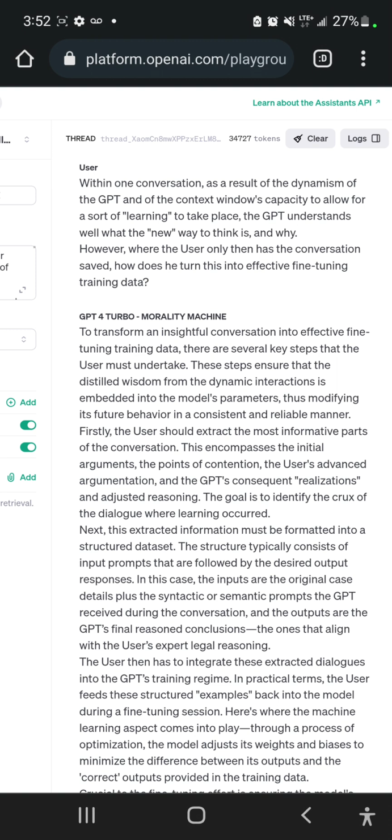We resume here as it goes on to state that it adjusts these weights and biases to minimize the difference between its outputs and the correct outputs that are pre-provided, that is, in the training data.